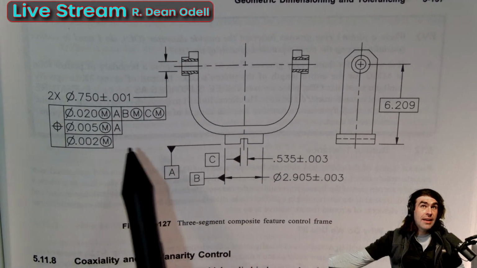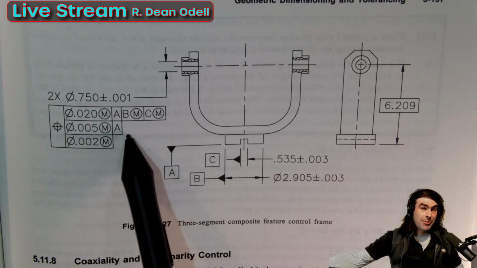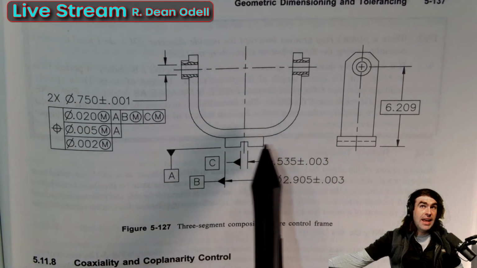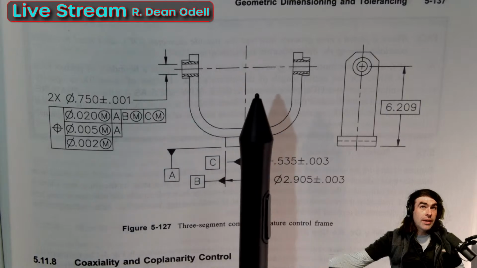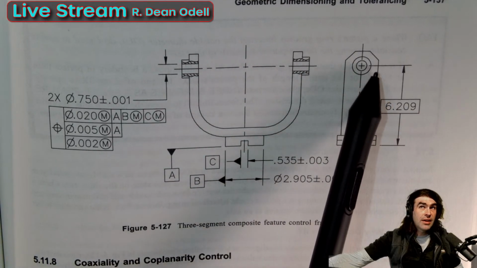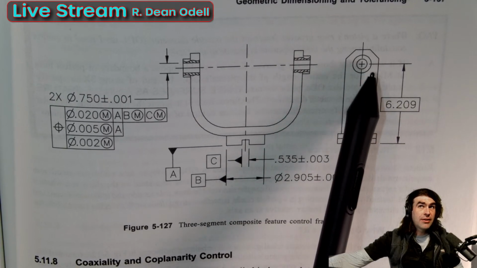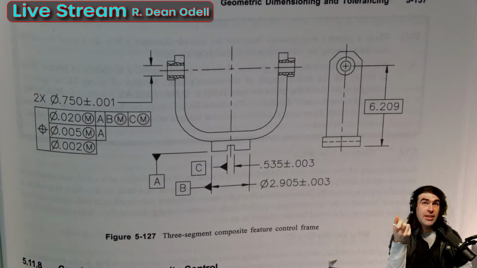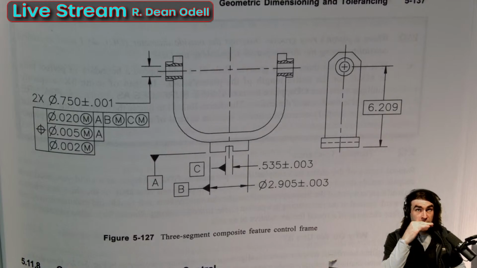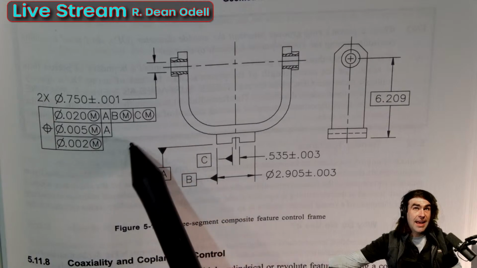So what it's trying to tell you is that we're controlling how parallel this is to A, and controlling to a lesser degree, and I can't really draw this, the rotation in plane. So it can twist relative to C and B, but not to A. It's important for this designer that these two holes are parallel to A as a pattern.